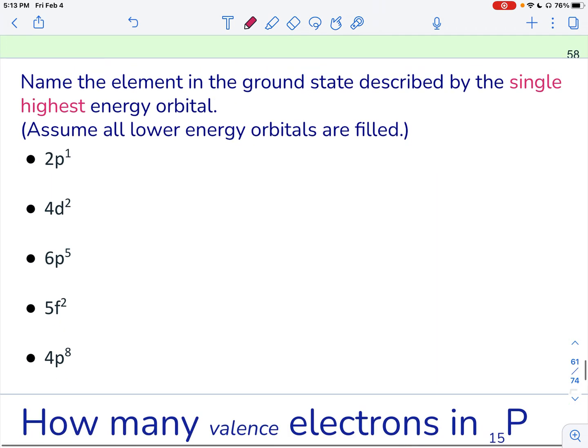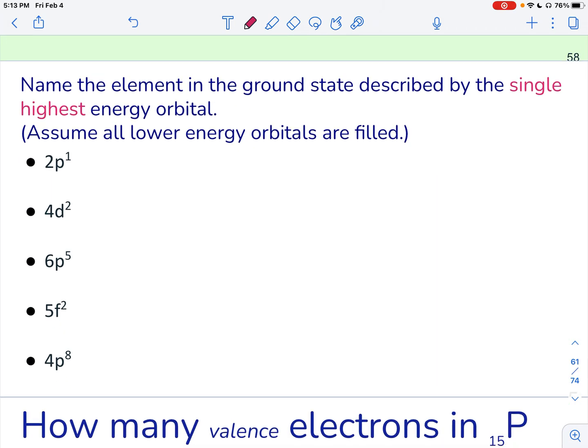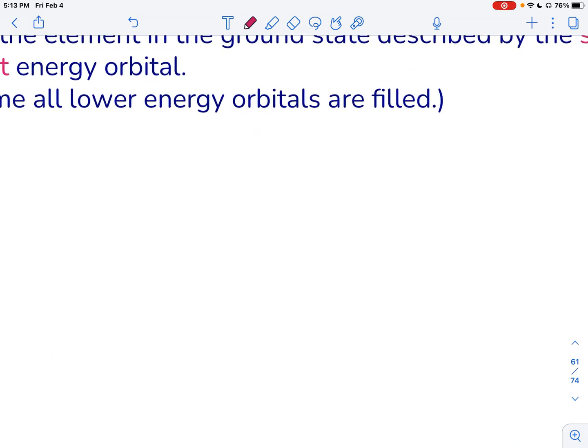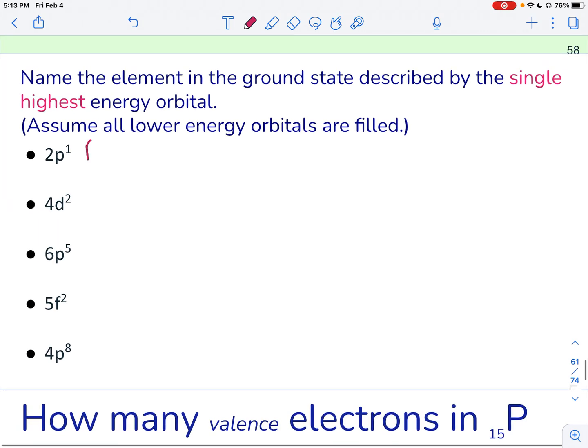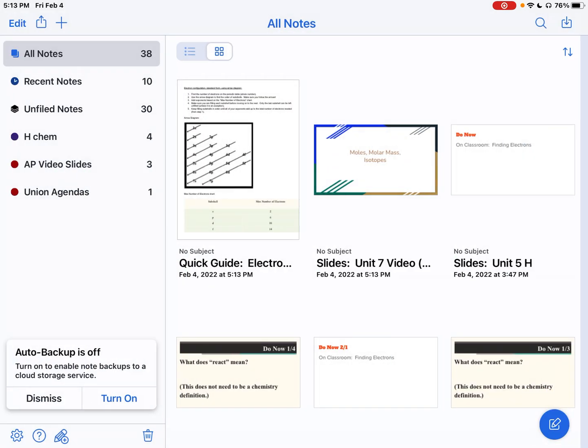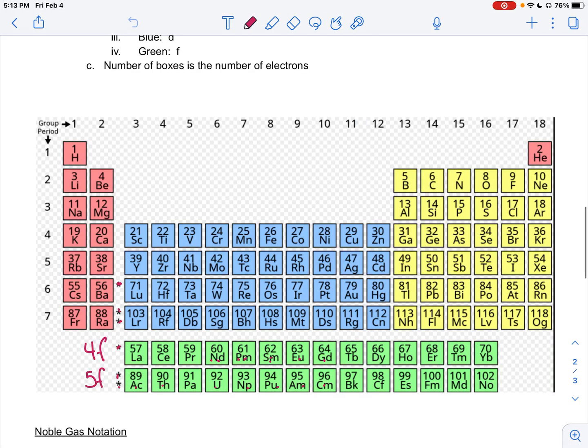So again, this is basically what we just did, except they don't actually give you the first part. So they are literally testing your knowledge of the periodic table here. Okay, so a 2p1 we know is boron. 4d2 is Zr. Let's take a look.